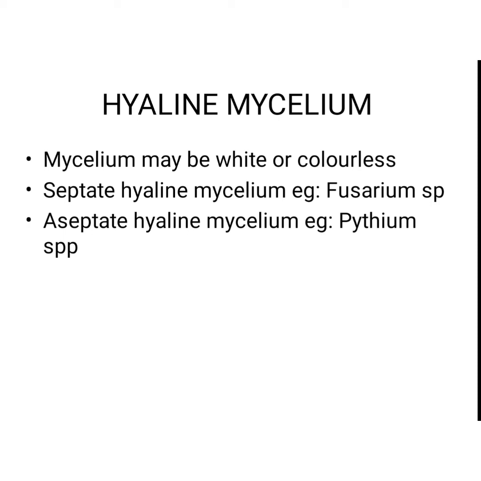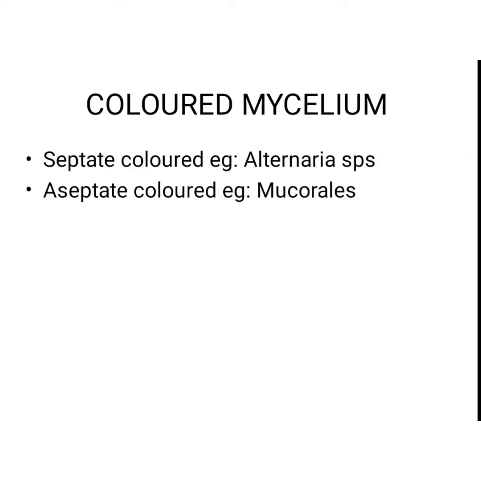First is hyaline mycelium. That is, the mycelium may be white or colorless. Based on presence of septum, they are divided into septate hyaline mycelium and aseptate hyaline mycelium. Example for septate hyaline mycelium is Fusarium species and aseptate is Pythium species. Examples are very important.